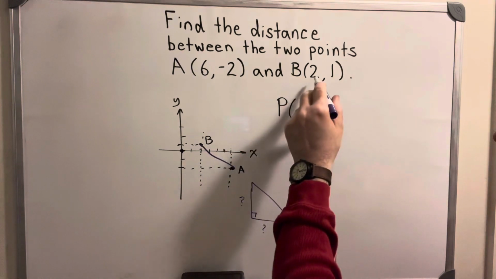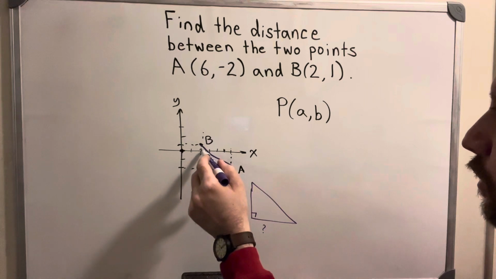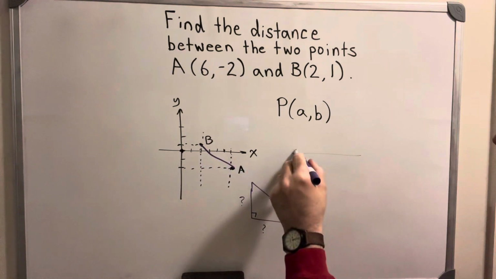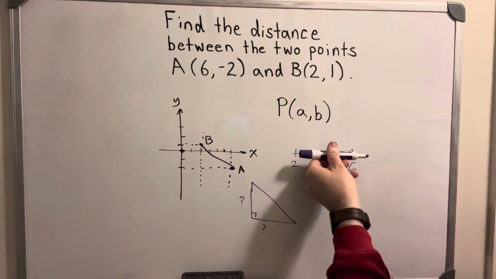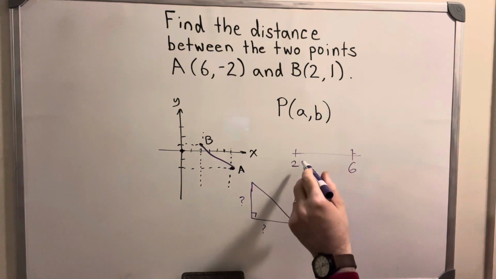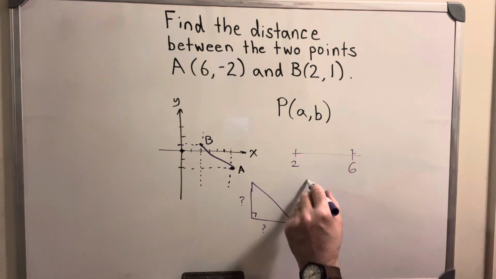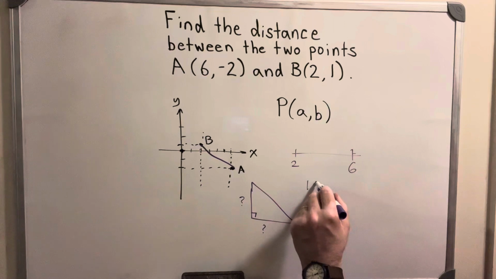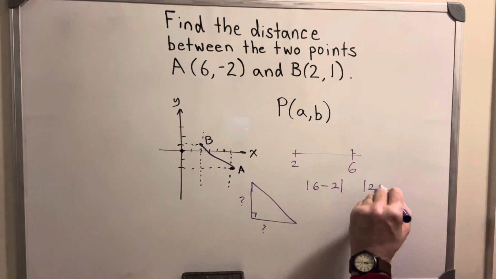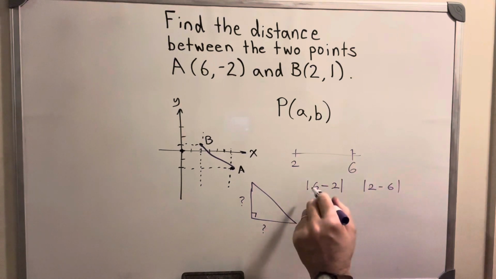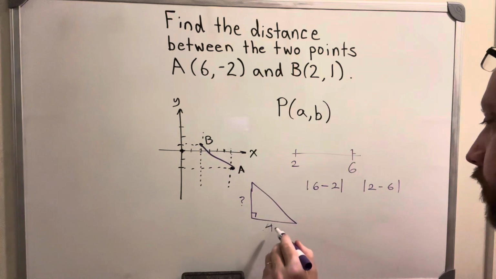And we know the x position of point B is 2. And so now this is reduced to a single axis problem. What's the distance between 2 and 6? It's the absolute value of 6 minus 2, or the absolute value of 2 minus 6, which is 4.